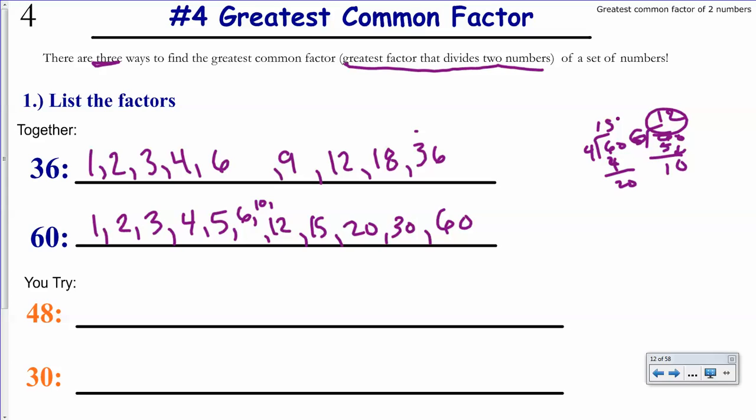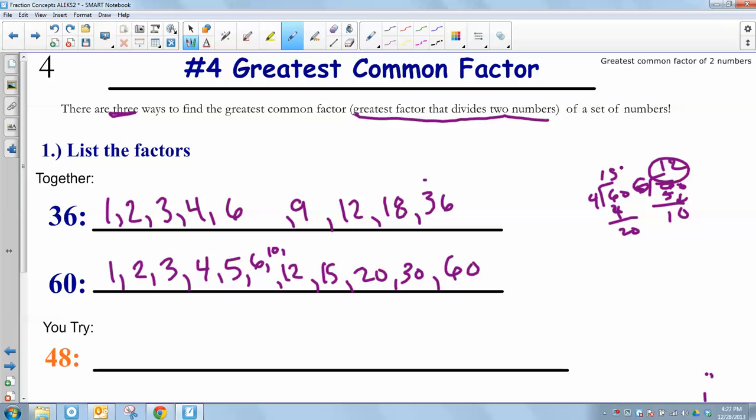So now I'm going to look at my list and compare where is the number that's the largest factor that's in common. The largest factor that I see in common between 36 and 60, let's see, I have 2's, I have 3's, I have 4's, I have a 6, and I think that's going to do it.